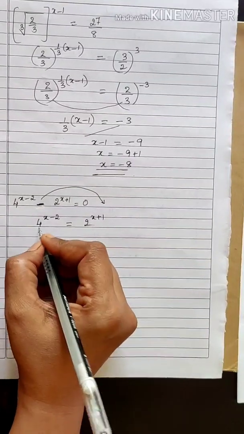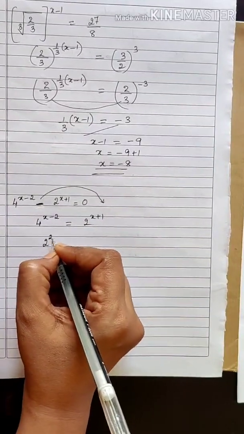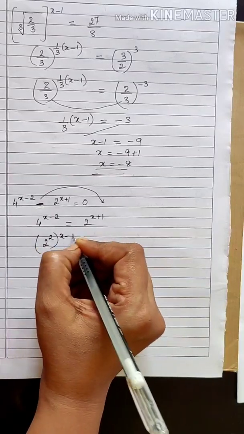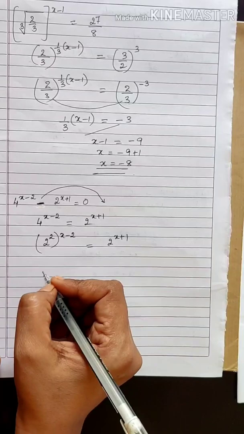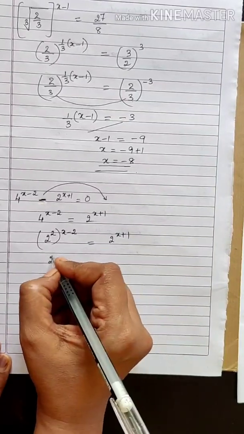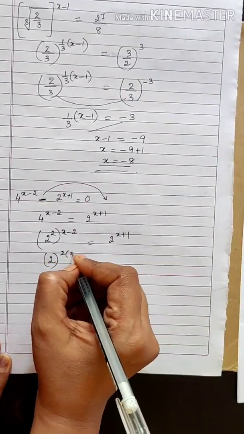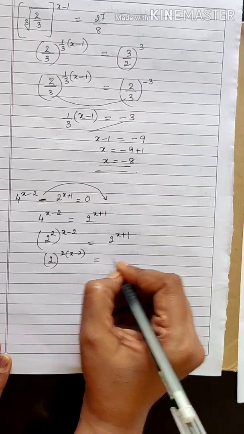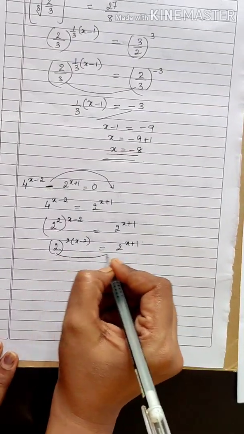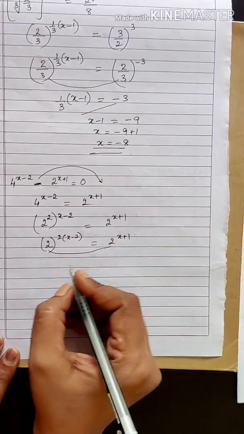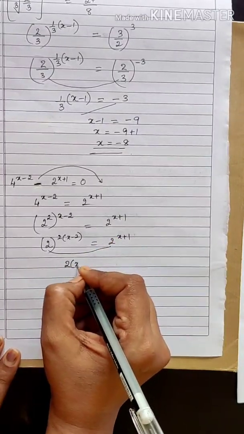Now 4 can be expressed as 2², so (2²)^(x-2) is equal to 2 to the power of x+1. So 2 to the power of 2(x-2) is equal to 2 to the power of x+1. Again the base is same, so the powers will be equal to each other.